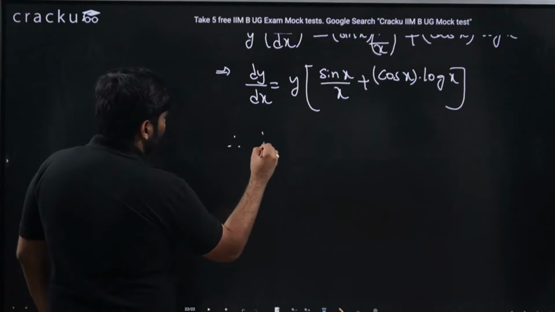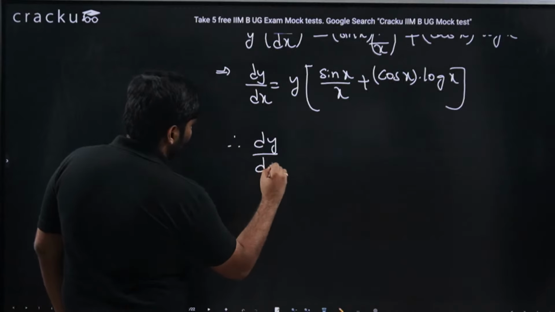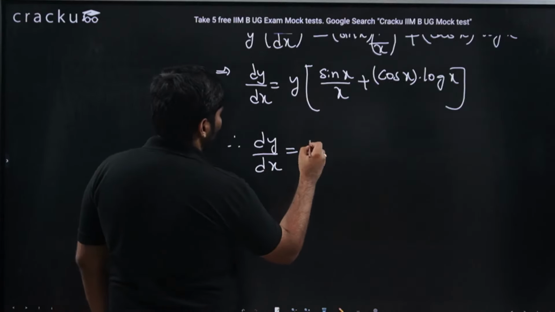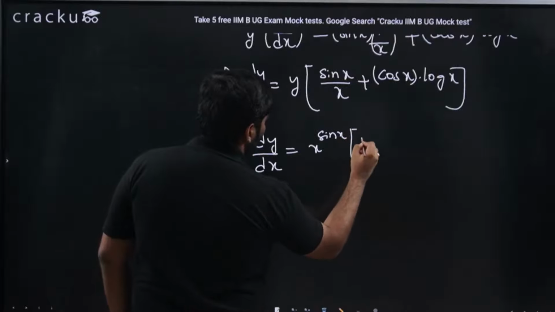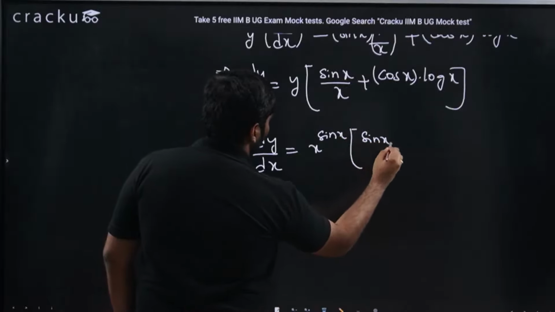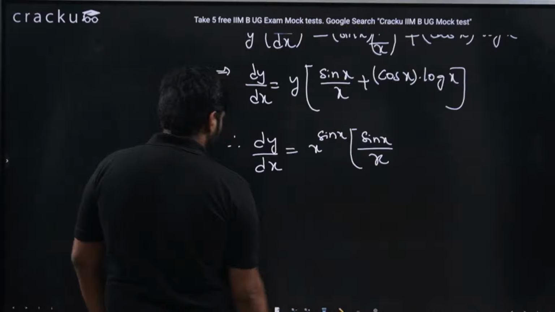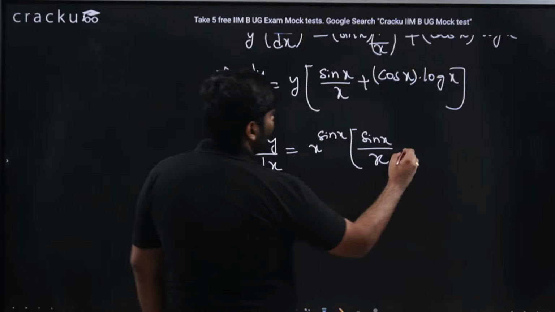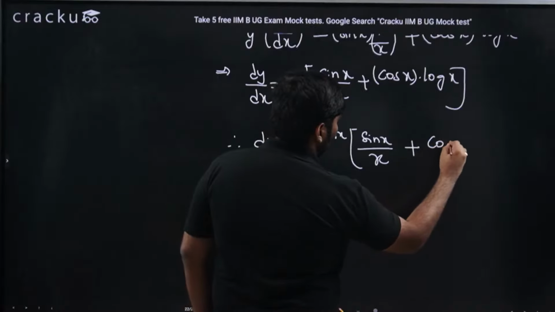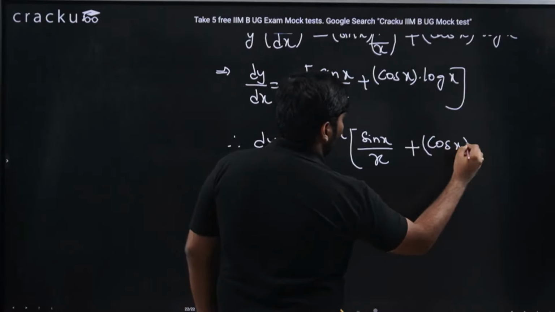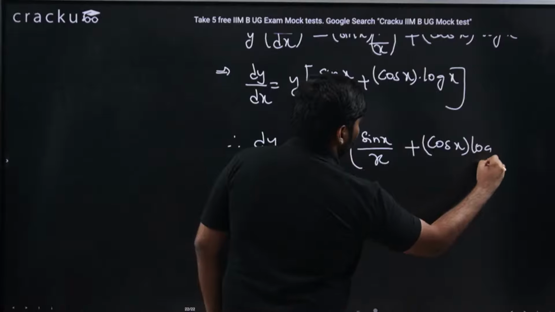So in the final way, I can write dy by dx differentiation is nothing but x power sin x into sin x by x plus cos x into log x.